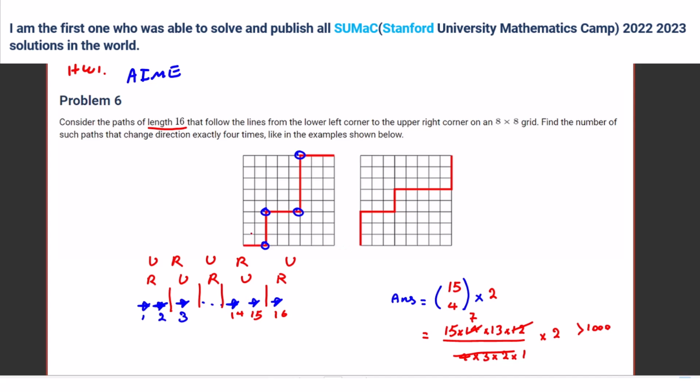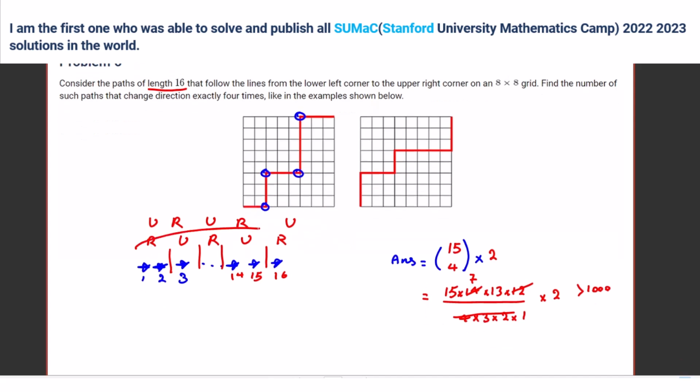So it will be greater than our answer. What's the mistake? For example, suppose the first part is 9. Then it goes 1, 2, 3, 4, 5, 6, 7, 8, 9, outside of this, right? Oh, I see. So these paths will be bad. That's the reason it's not good.